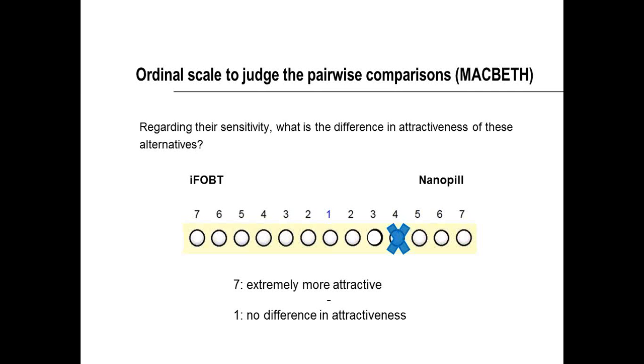But there is a really important difference with the analytic hierarchy process, and that is that the analytic hierarchy process has a ratio scale, but MACBETH is really an ordinal scale. So all they know is when you say that a strong difference in attractiveness is, for instance, a stronger difference than a moderate difference in attractiveness.